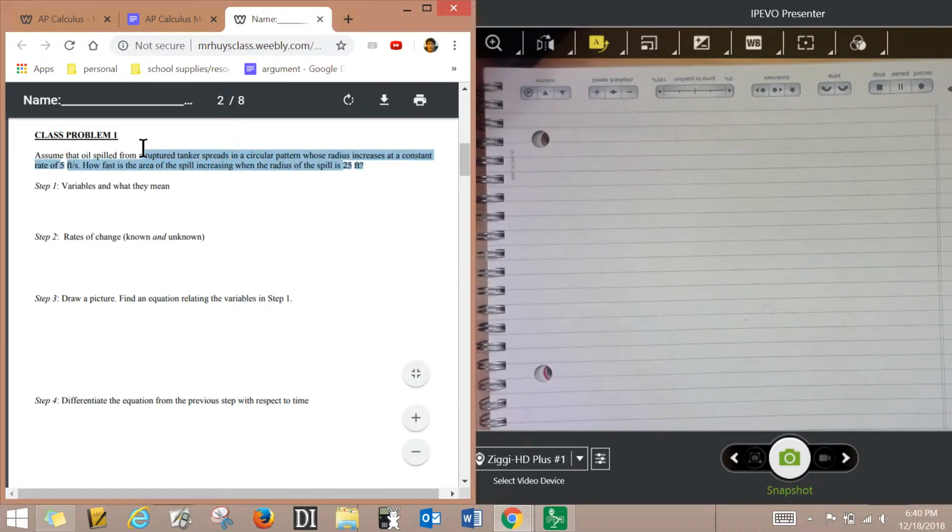Okay, so I did go over implicit differentiation and derivatives because those are two things we're going to kind of cover in today's lesson. The first step to solving these types of problems, you don't actually have to do step by step, but it really helps if you follow this.